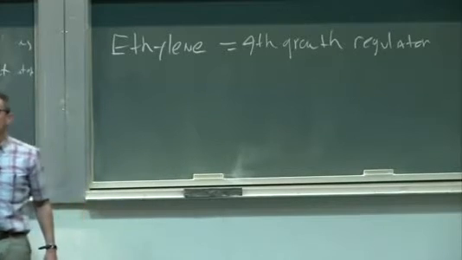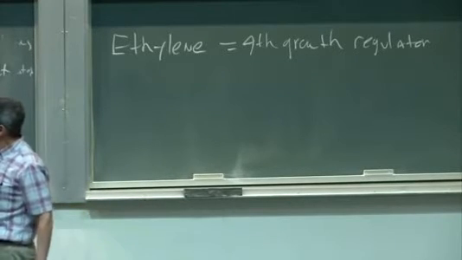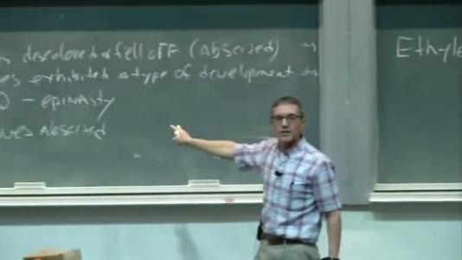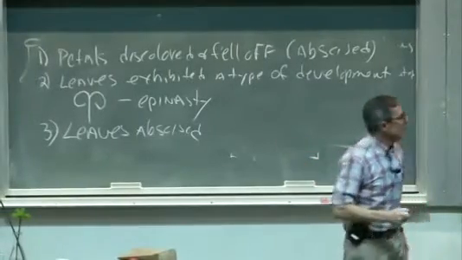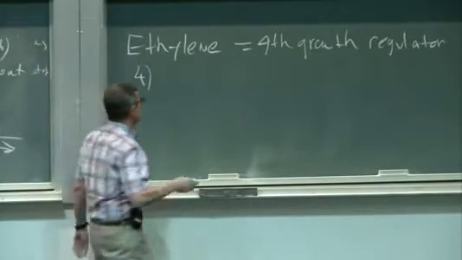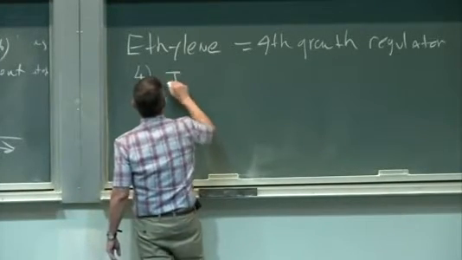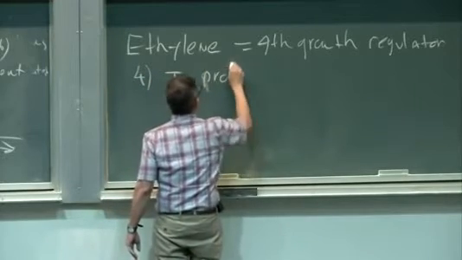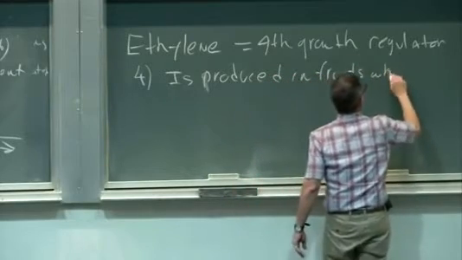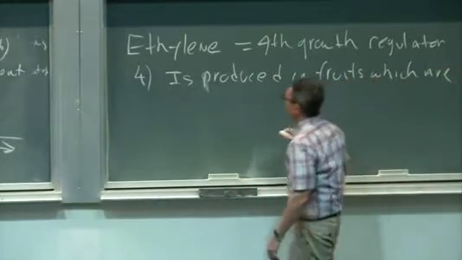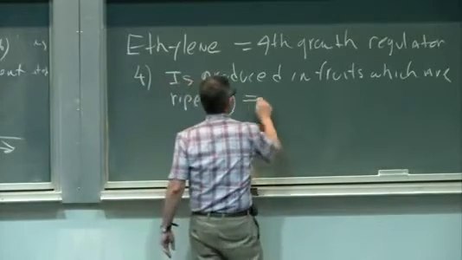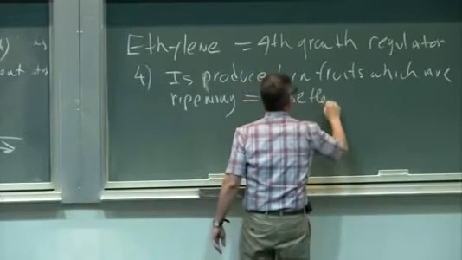The first thing I want to say to you is that in addition to these particular characteristics, which we have listed, that ethylene or this contaminant in the gas caused, the fourth characteristic, which was discovered and which humans have exploited, is that ethylene is produced in fruits which are ripening and apparently cause the ripening.